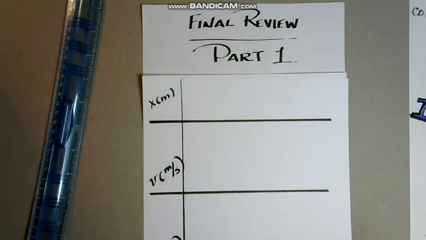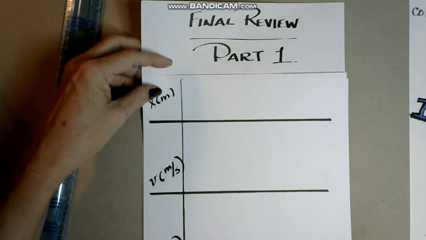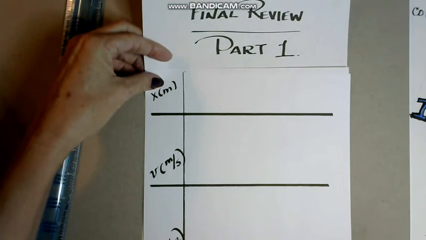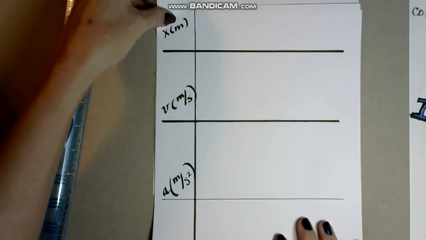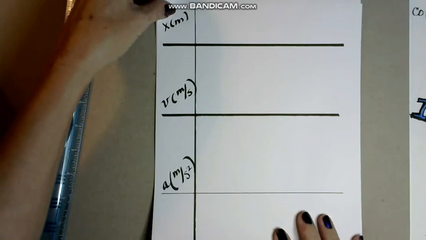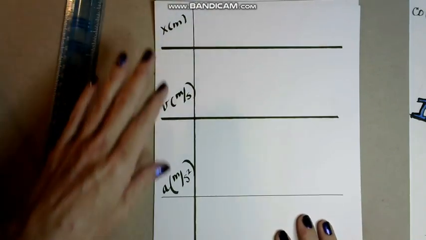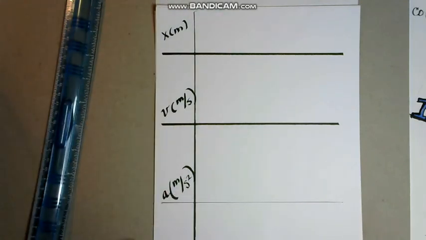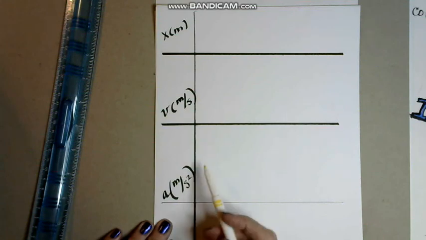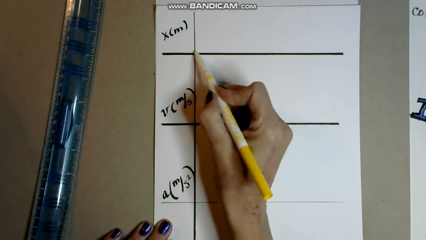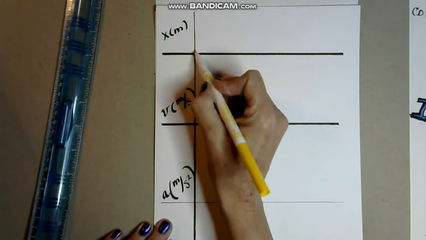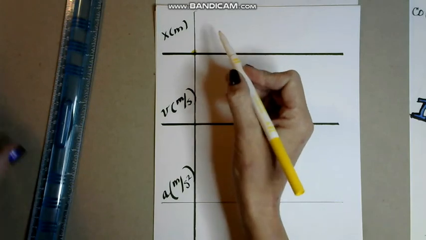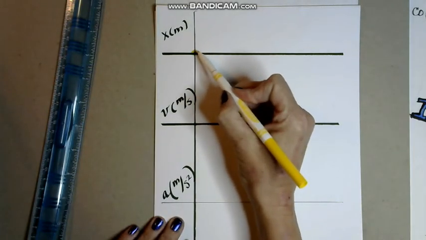So let's get started. The very first thing that I'd like for you to remember is how to graph displacement, or let's say linear motion. Okay, I'm going to make this as short and sweet as I can. Imagine that you are in your car and you're in your driveway, or let's say you're in your garage. You go ahead and drive away from your house.